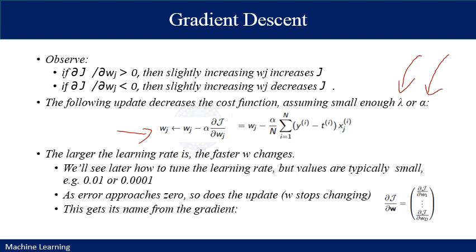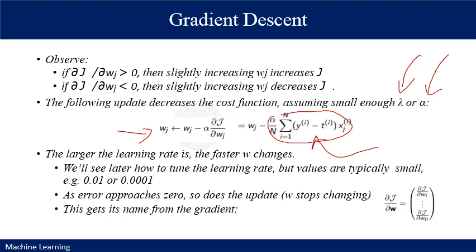So you have used the same formula to update the weights, and in this case we employed the partial derivative of the cost function. So again, you have to choose a very precise value for the learning rate, because the larger the learning rate is, the faster the weight changes, because this value will be greater if the learning rate is higher.